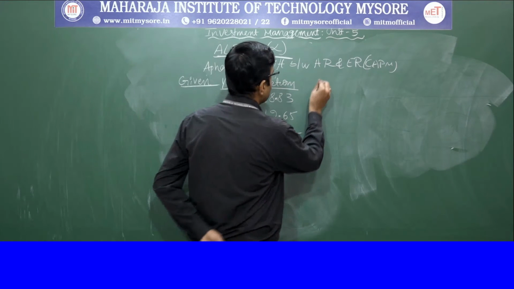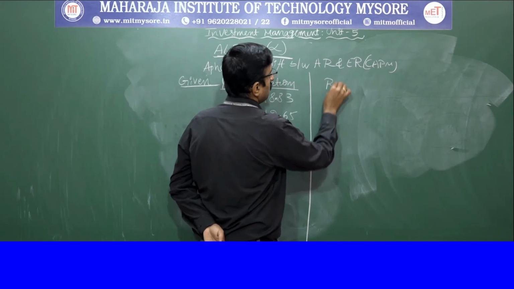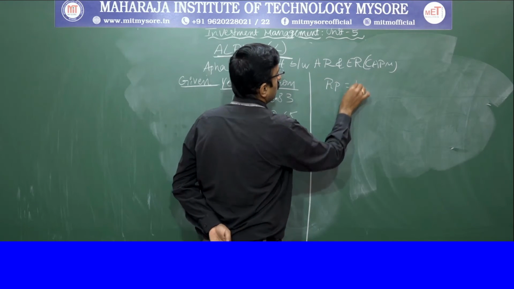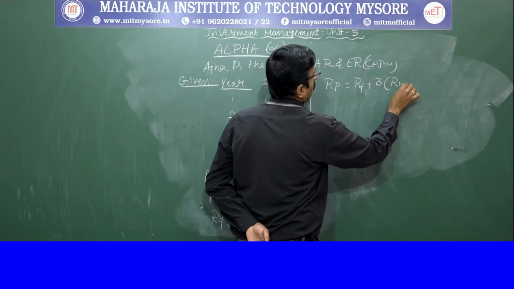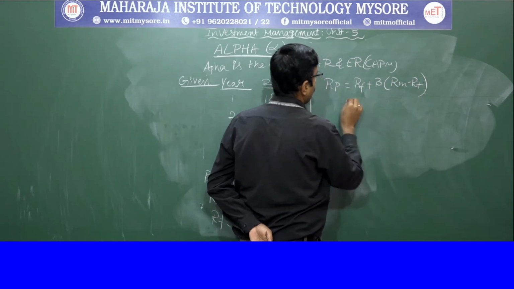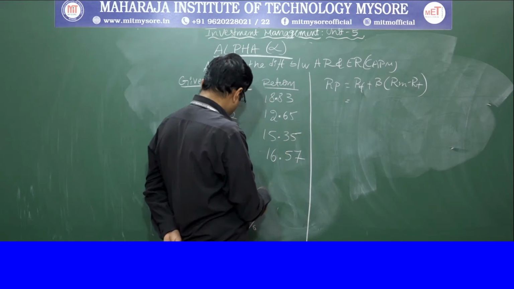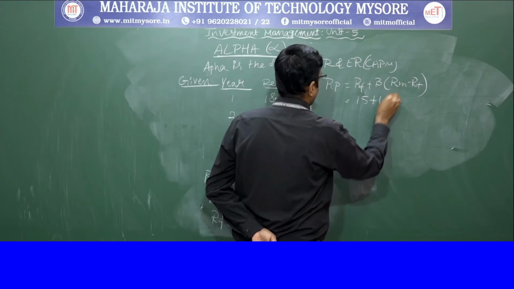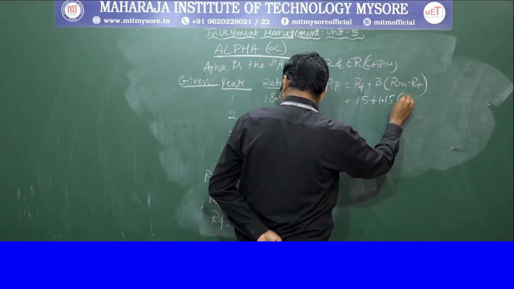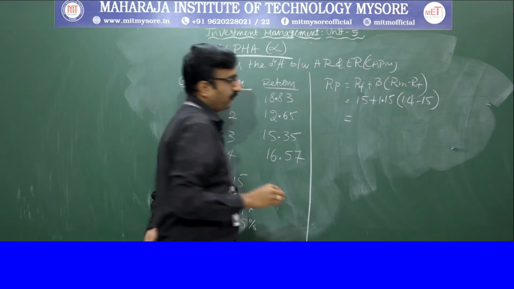We find out. So, let us go to the answer. The return on portfolio is equal to RF plus beta into RM minus RF, that we have solved in the previous unit. Okay. So, risk free rate of return is 15, beta is 1.15, RM is equal to 14, RF is equal to 15.